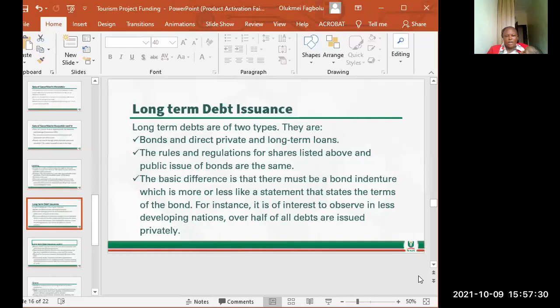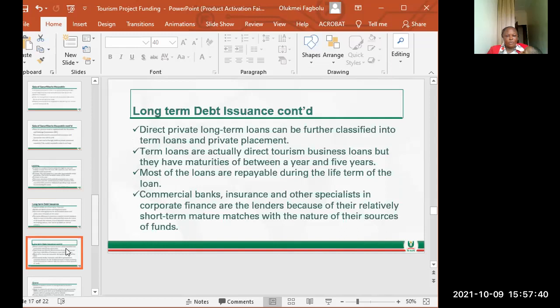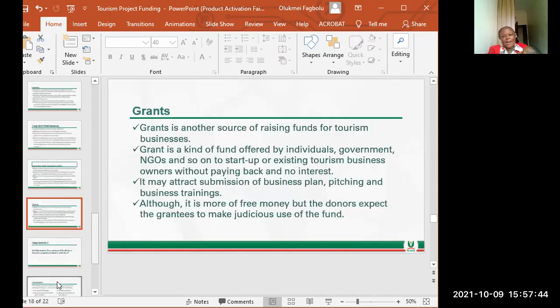And long-term debt is of two types. We have bonds, and direct private and long-term loans. Then another one, apart from long-term debt issuance, is grants. Yes, a grant is like free money, but you have to seek it. When you get it, you might be required to fill a form.